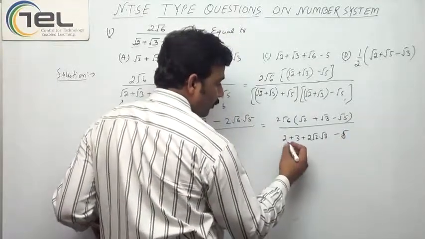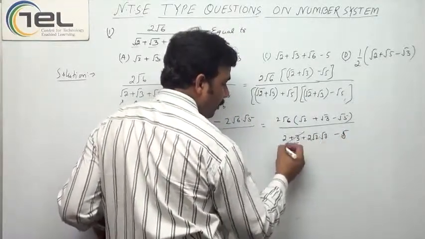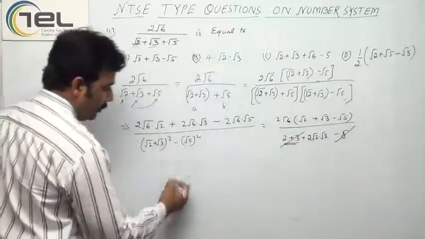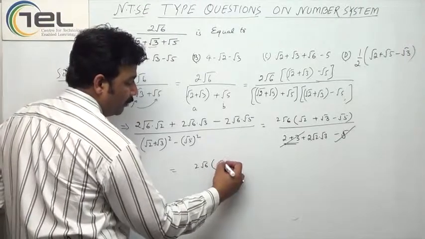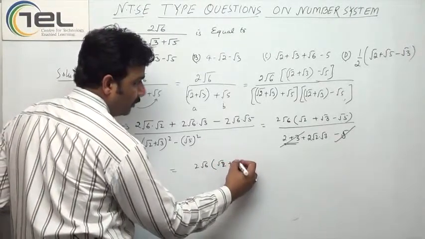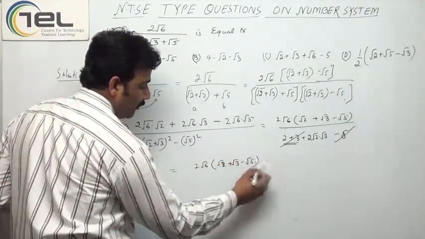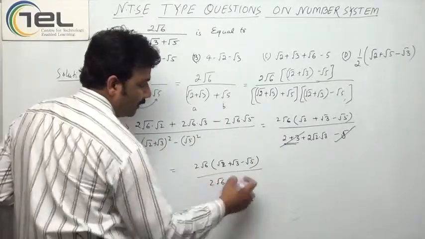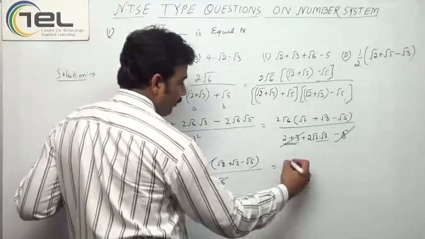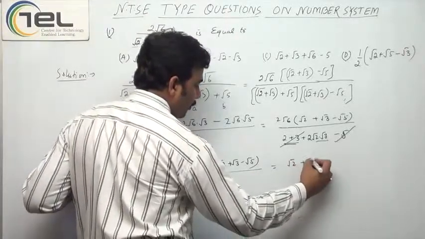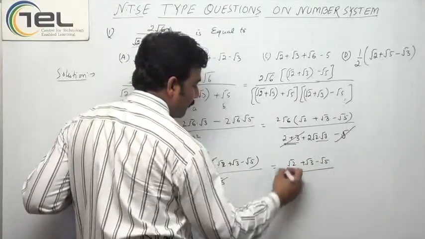So 2 plus 3 is 5, and this will be cancelled by this. So it becomes 2 root 6 and root 2 plus root 3 minus root 5 upon 2 root 6. 2 into 3 becomes 6, so this will be cancelled. It becomes root 2 plus root 3 minus root 5.